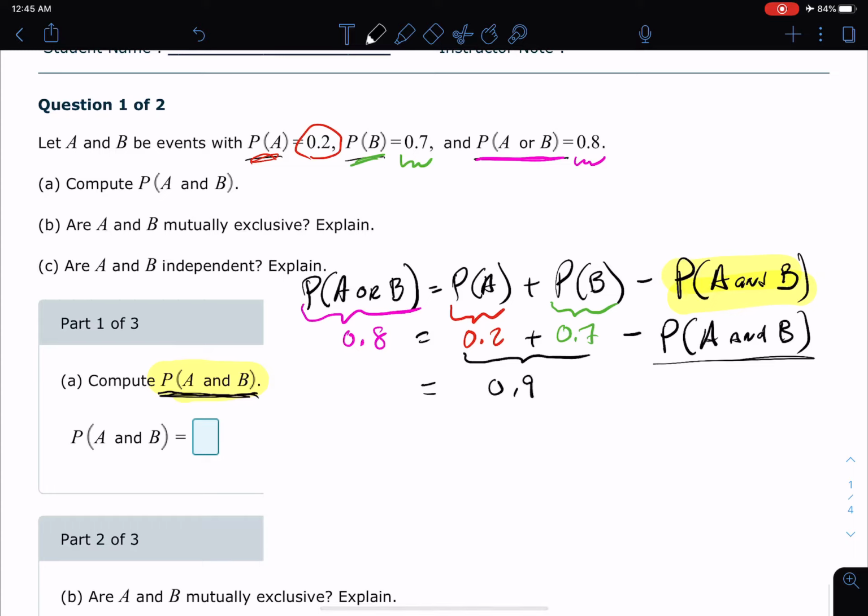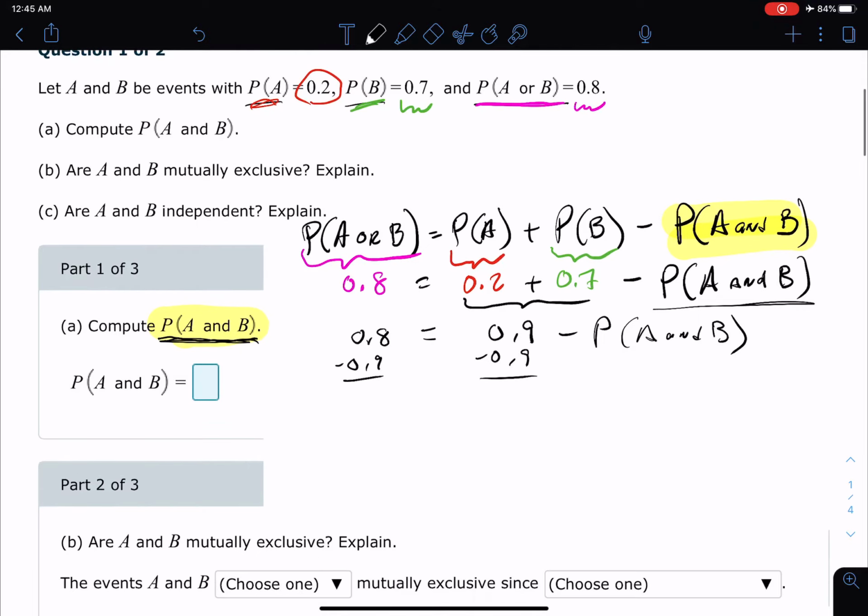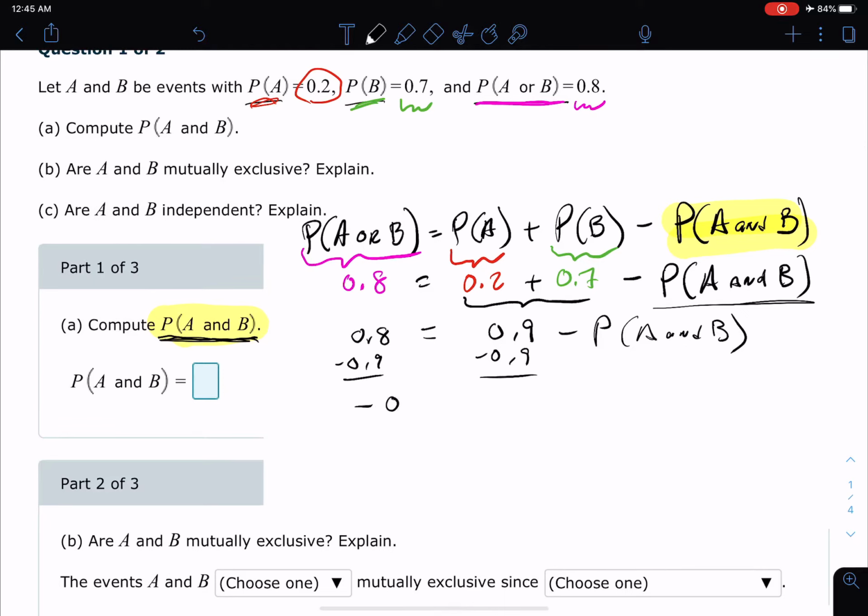This gives us 0.9 minus the probability of A and B equals 0.8. Of course, we subtract 0.9 from both sides. When we do that, that gives us negative 0.1 equals negative the probability of A and B.